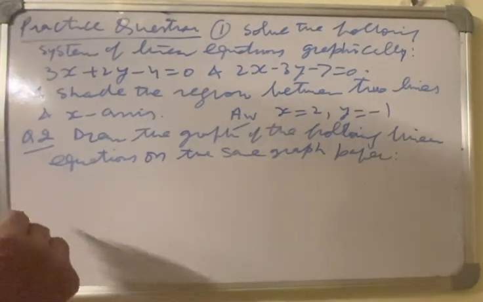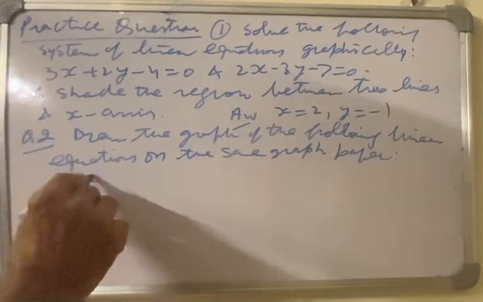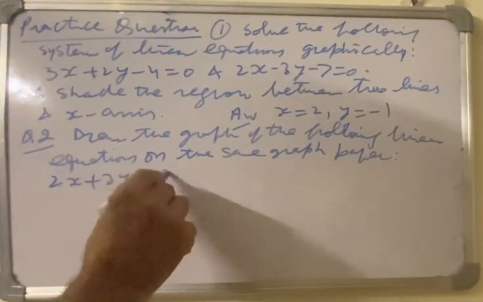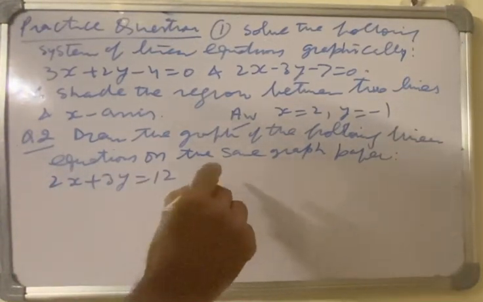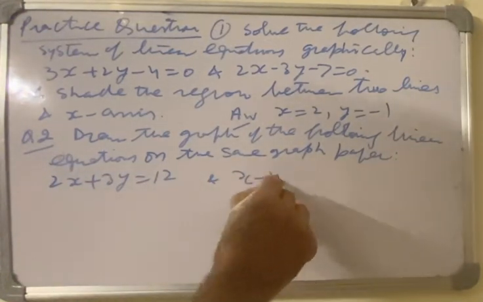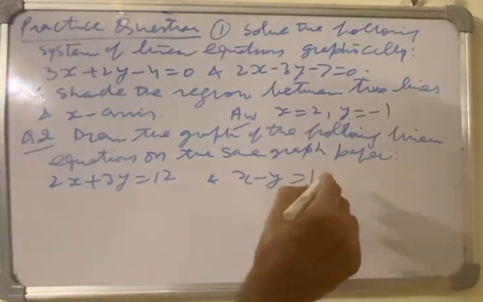Equations are 2x plus 3y is equal to 12 and x minus y is equal to 1.